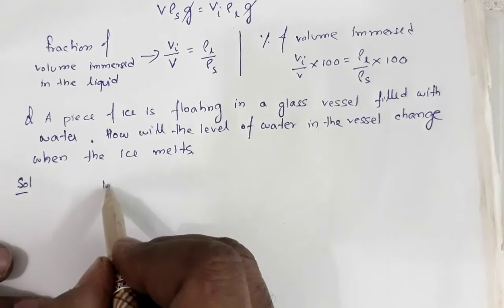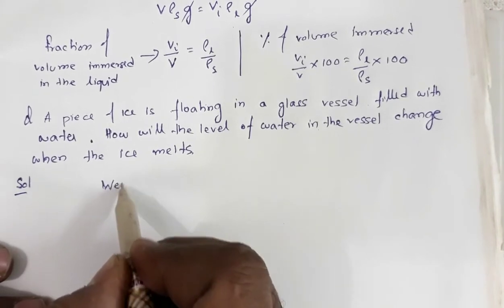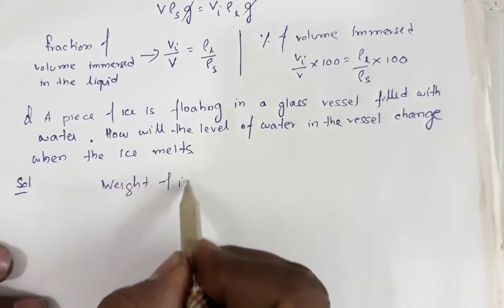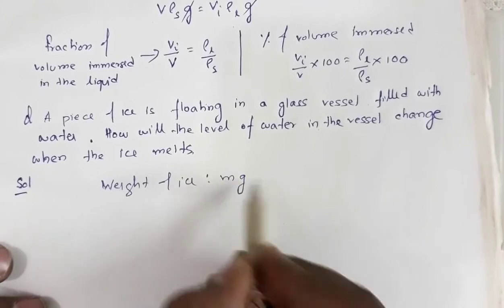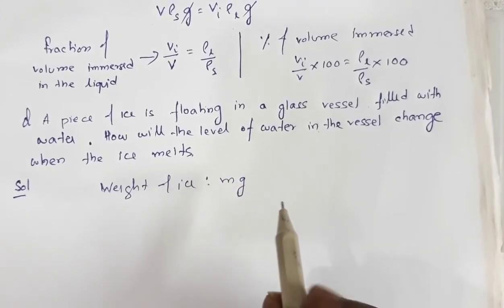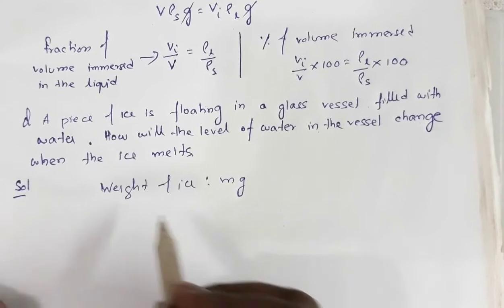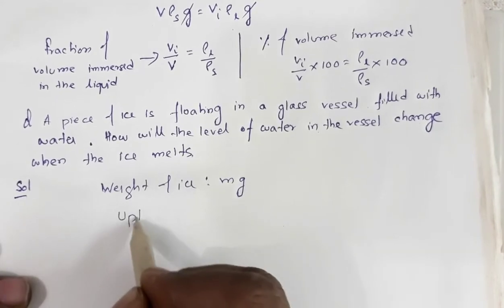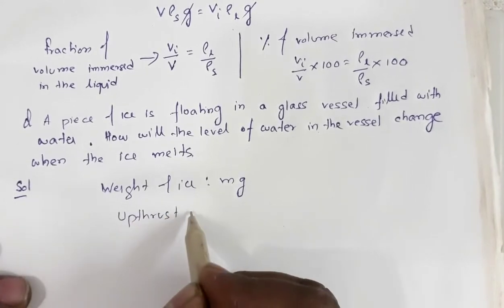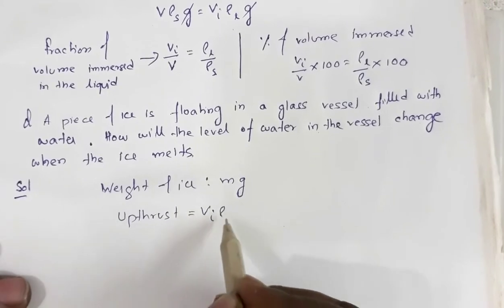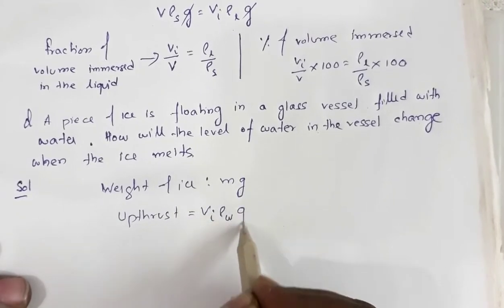So the weight of ice is mg. Now if Vi is the immersed volume, then the upthrust will be Vi into density of water into g.